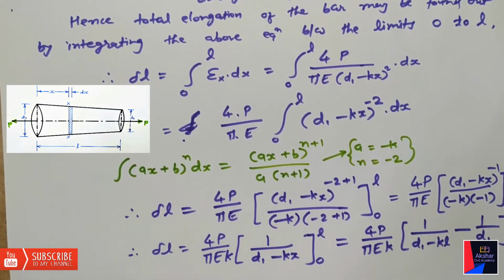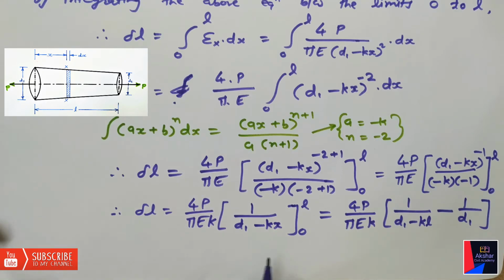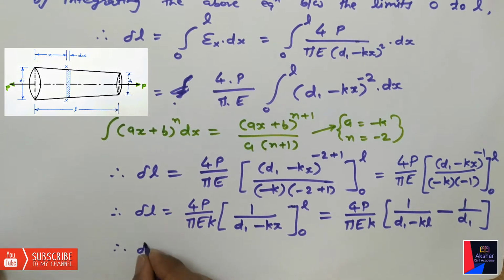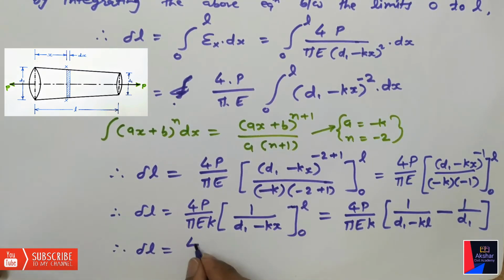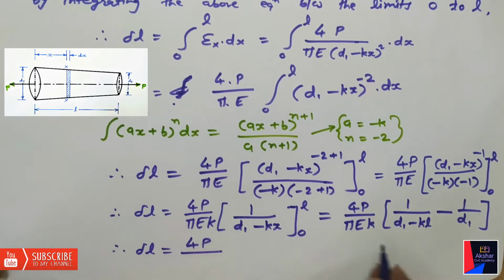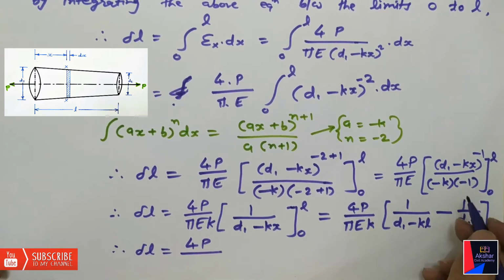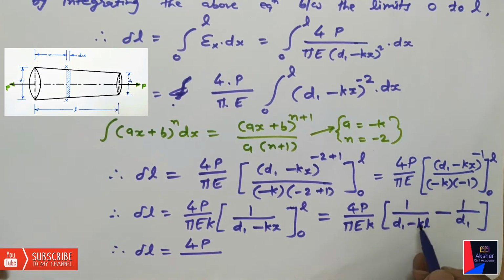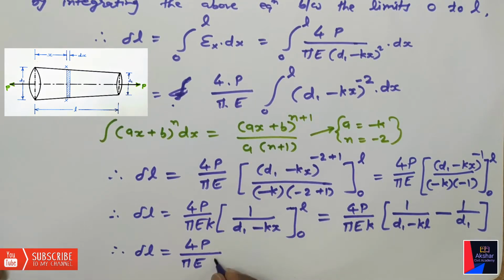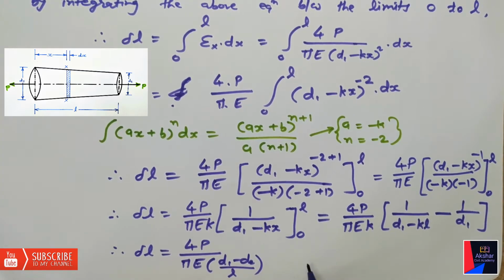That's why we will get this step. So this equation can also be written as del L is equal to 4P upon pi E; let us put the value of k in this equation. The value of k is (d1 − d2) upon L.